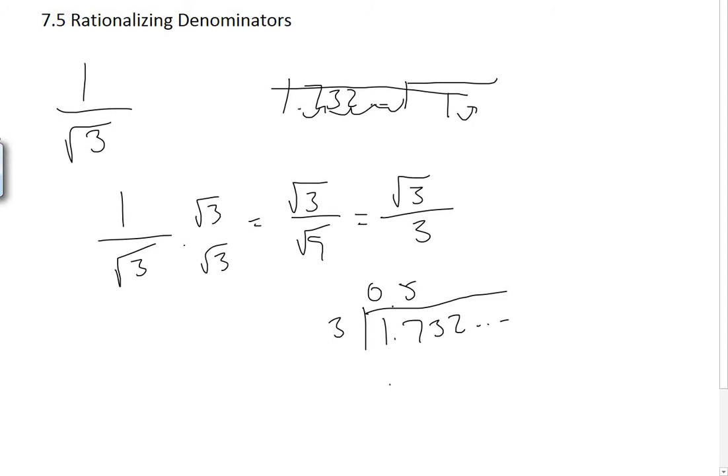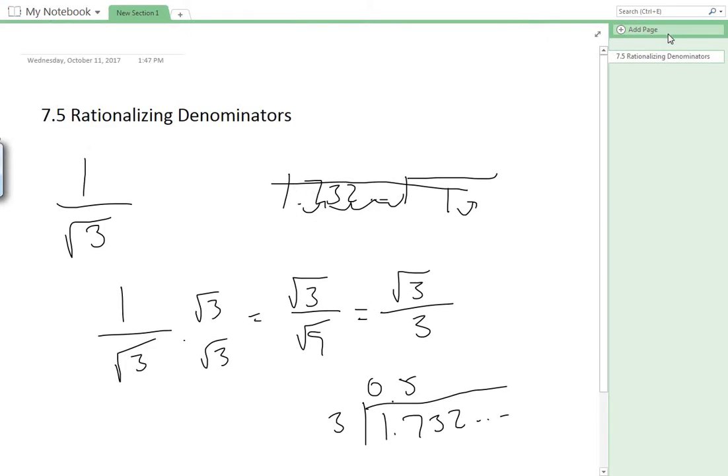What I mean is, if I make a new page real quick, say I wanted to rationalize 3 over the square root of 8. Then you could multiply top and bottom by the square root of 8 over the square root of 8. That's what a lot of people think to do.